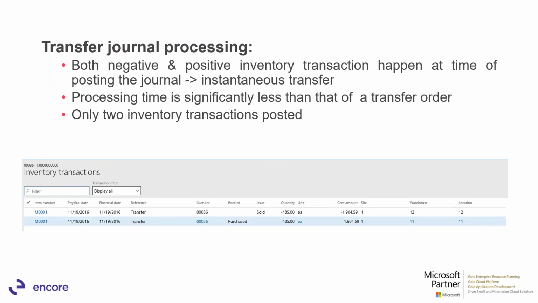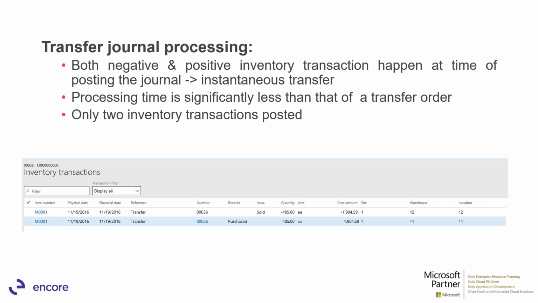What we need to know about the transfer journal is that as opposed to the transfer order, it is an instantaneous transfer. So when creating the journal, you identify the from and the to dimensions. As you can see on the screenshot, oh, sorry, that's the inventory transactions. You won't see that on the screenshot, but if you open up a transfer journal, you will see that you're identifying the from warehouse, the to warehouse, the from bin location, the to bin location, and so on the same journal line.